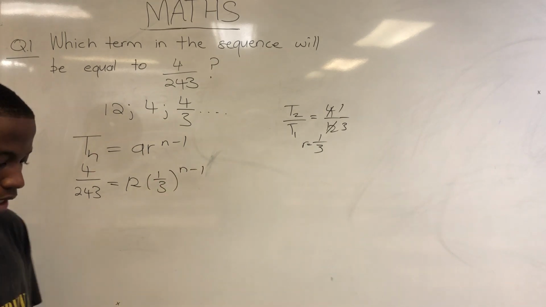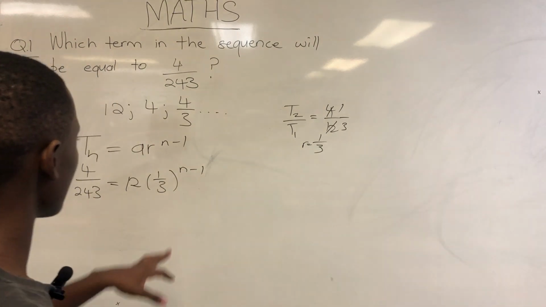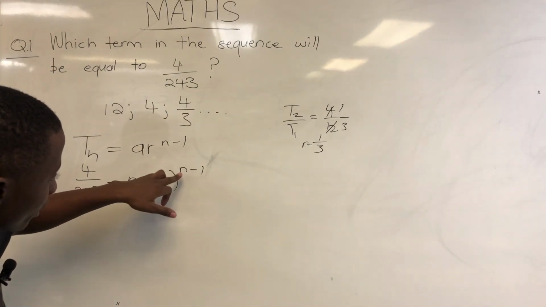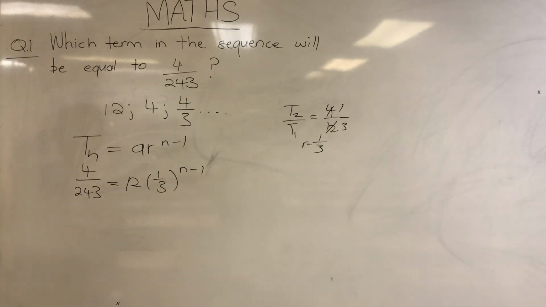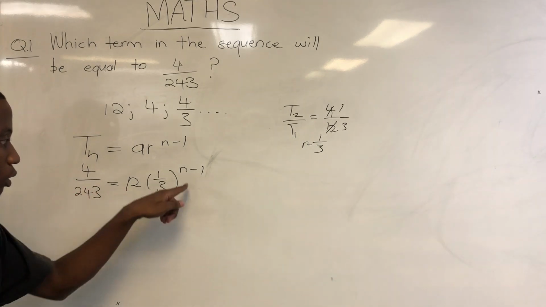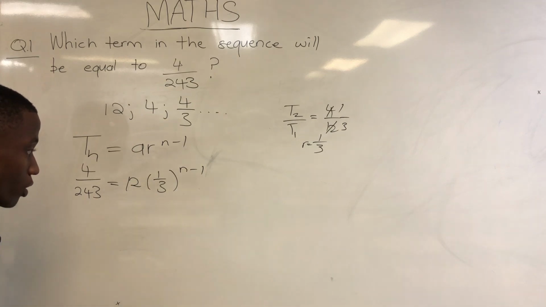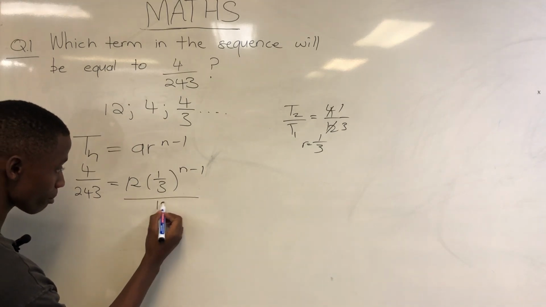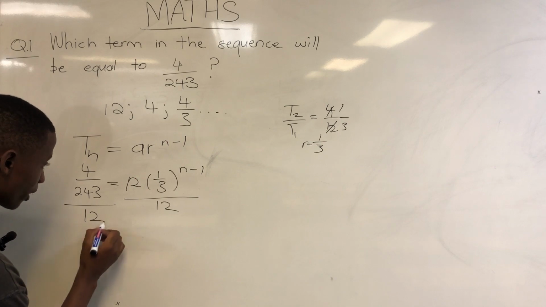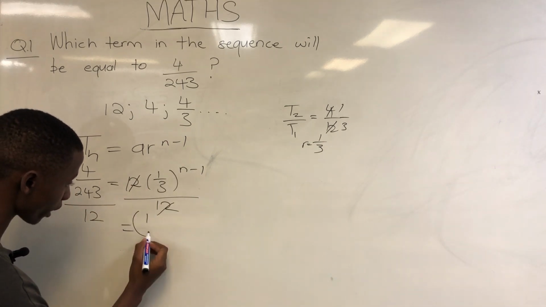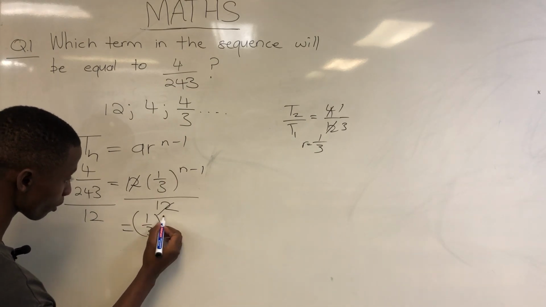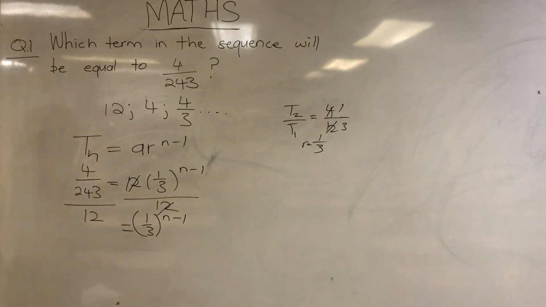We're looking for the position of this number in this sequence, so we're looking for n. The way forward is to divide both sides by 12. This cancels here, and on this side we're left with 1 over 3 to the power of n minus 1.